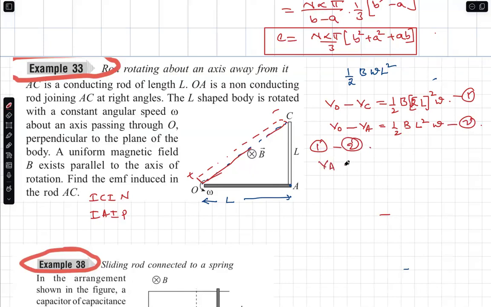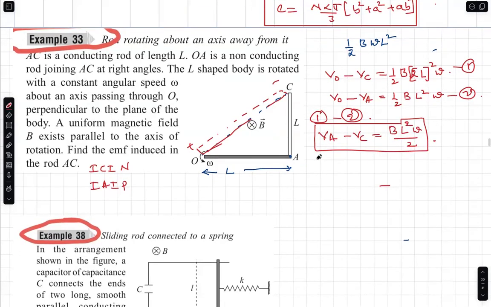You'll get VA minus VC as B L square omega by 2. That's what they're asking. Simple. That's it, not more than this.